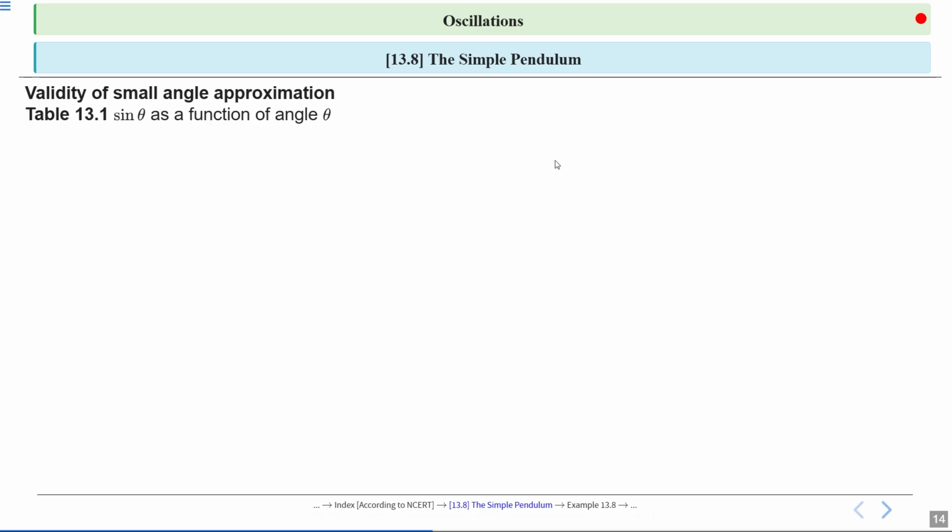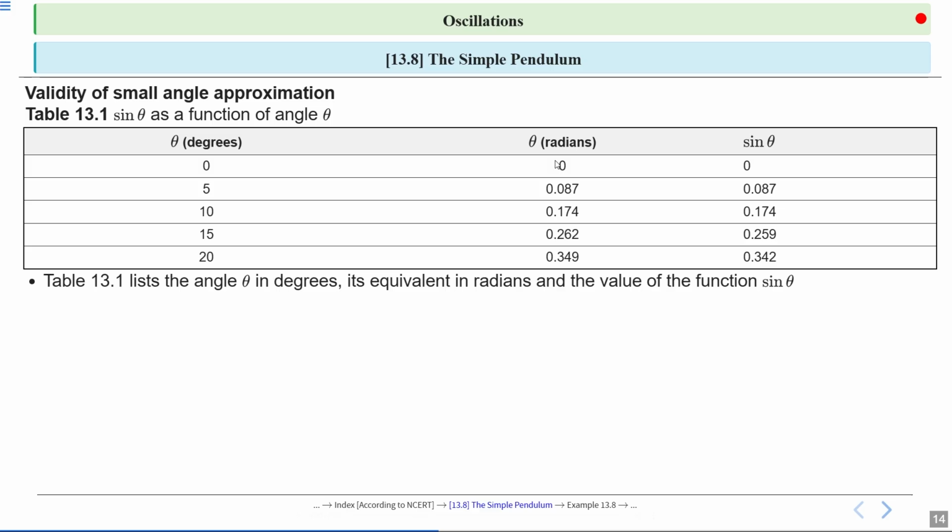Here is the table, for each angle: 0 degree, 5 degree, 10 degree, 15 degree and 20 degree, with the equivalent value in radians. 0 degree is 0 radians, and 5 degree means 0.087 radians.